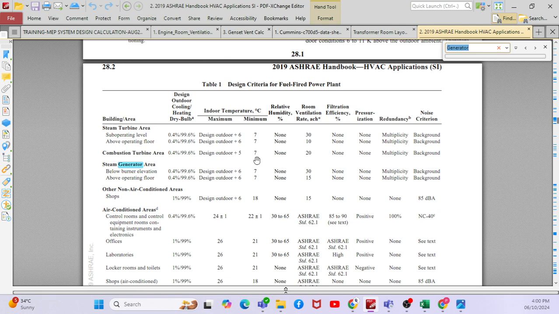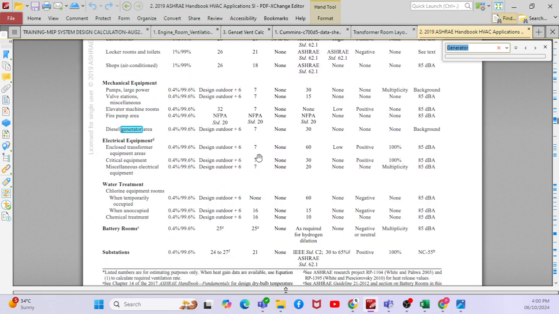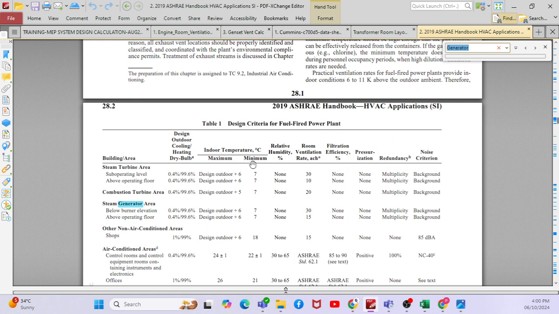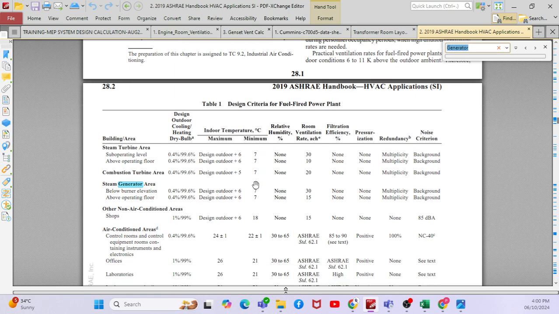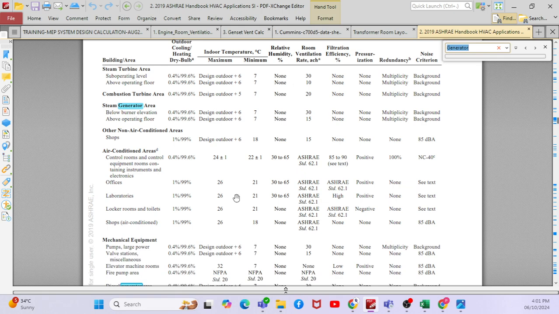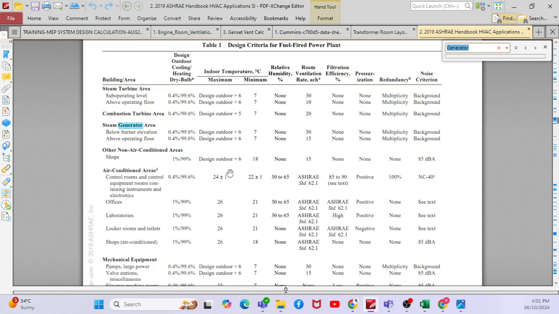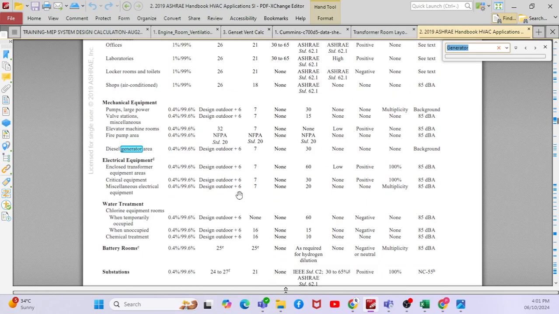What is the temperature difference, right? So you can go to diesel generator. This is a diesel generator, and what is the minimum temperature difference? Here the temperature difference is given. The design outdoor plus 6 degrees will be the ambient temperature. Maximum temperature will be design outdoor plus 6 degrees. Clear, right? So the generator can work plus 6 degrees from the ambient temperature maximum, otherwise it will get tripped.